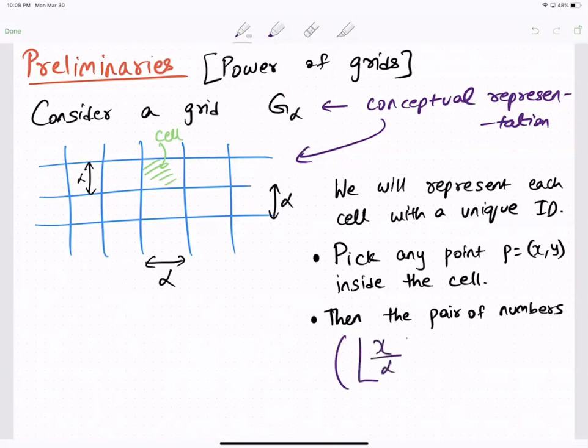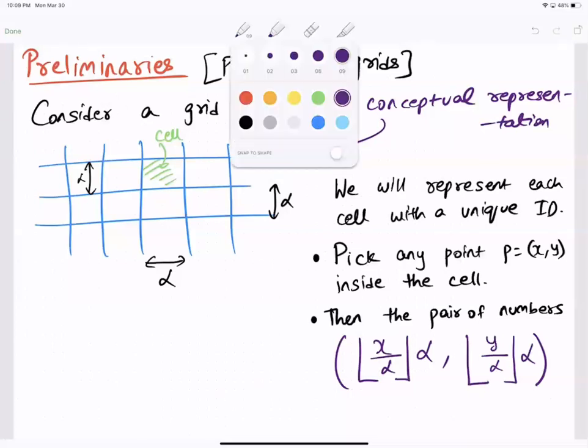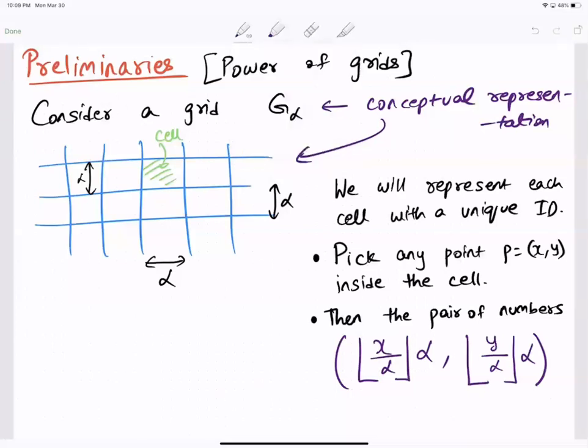So here's where the floor operation has entered. I hope everyone remembers what the floor operation is. So then this pair of numbers is the unique ID of the cell.